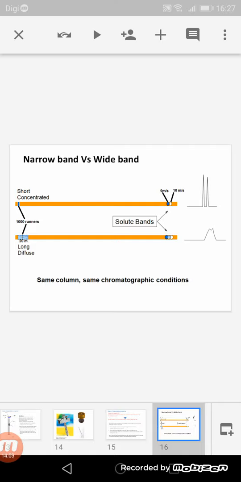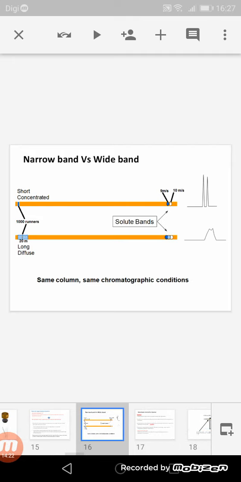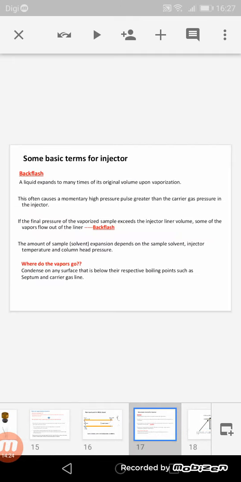This is how the sample will travel. If the sample band is long and diffuse, it will produce a broad peak, and if it is short and concentrated it will give us a narrow peak. Same column but different chromatography condition.